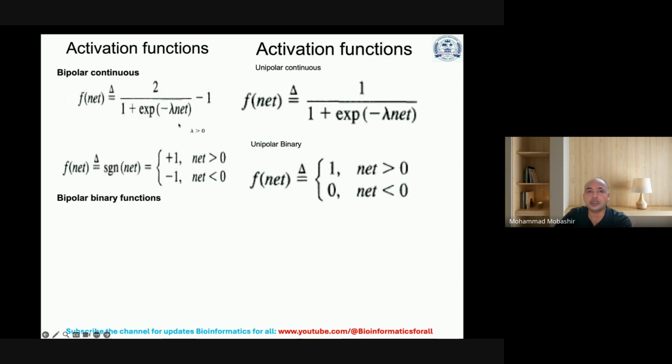Now, how could the mathematical equations look for activation functions for unipolar and bipolar? You can see clearly how they look. They are quite simple mathematical formulas, and it is quite easy to code them when you are going to use computer codes.